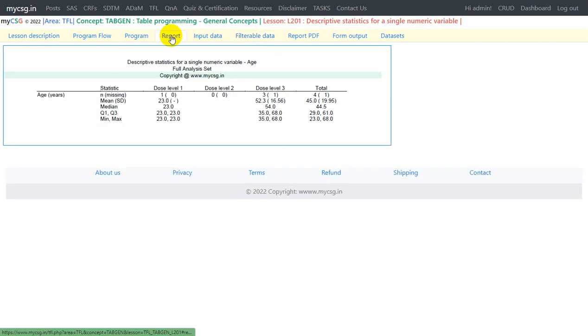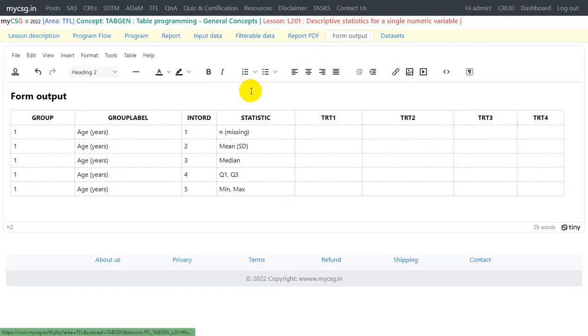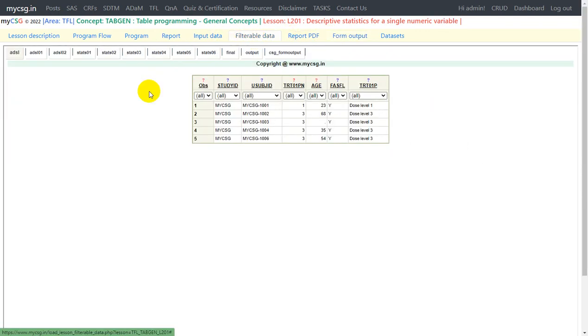In the output, we were supposed to generate the report for dose level 1, 2 and 3, but we do not have any subjects in dose level 2. So we are presenting it as 0 in the report because we did not have any subjects in that dose level.